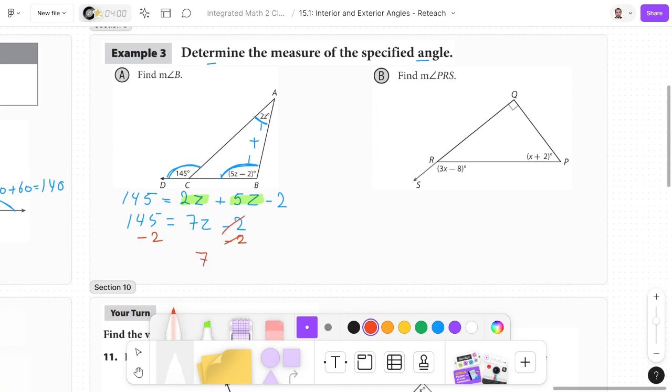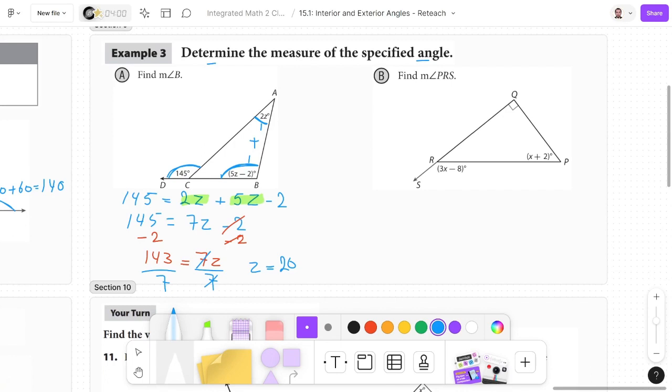So 7z is equal to 143. Then divide by 7, so we cancel these out. So z is equal to 143 divided by 7, which is equal to 21. I hope you understand this.